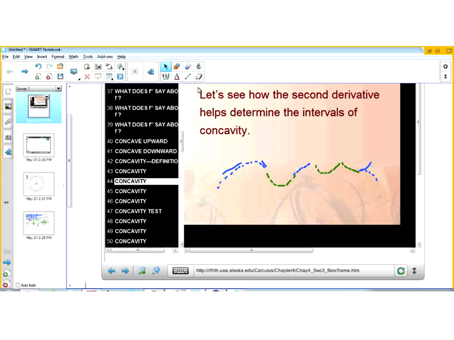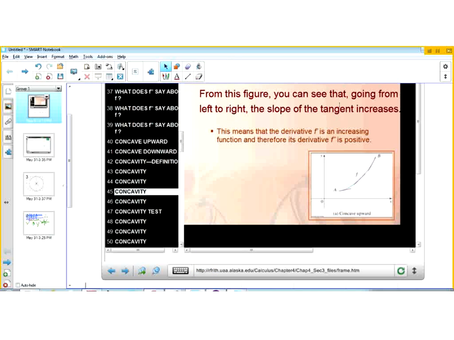What else? So how does the second derivative determine the intervals of concavity? Now the second derivative comes into play. From this figure, you can see that going from left to right, the slopes of the tangents are increasing. This means that the derivative, f prime, is an increasing function, and therefore its derivative, f double prime, is positive.